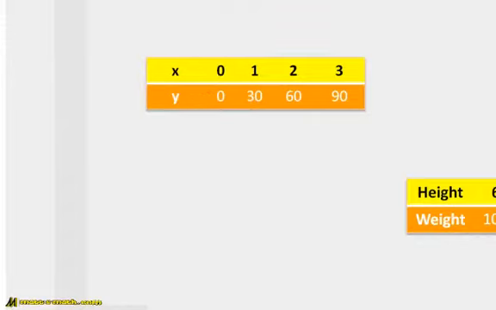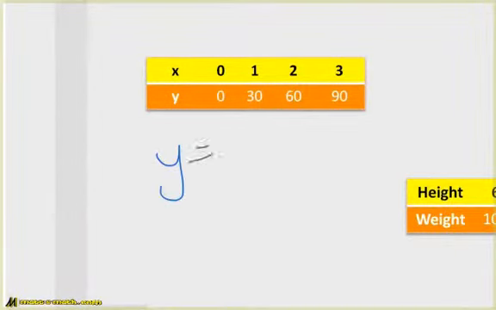Now, remember, it's got to be y equals some number times x. So if I take x and I multiply it by some number, I get y. Well, what do I multiply 1 by here? I multiply it by 30. Okay, let's see if that works for the other ones.